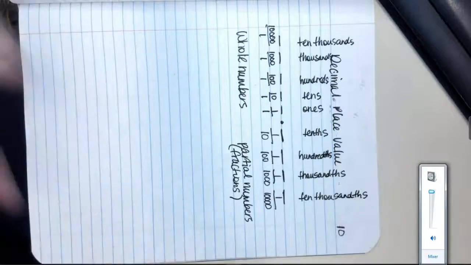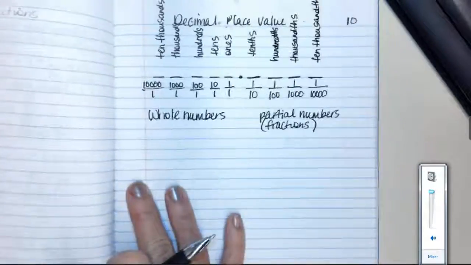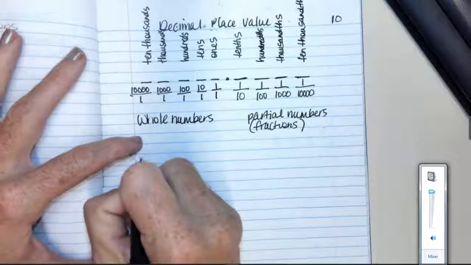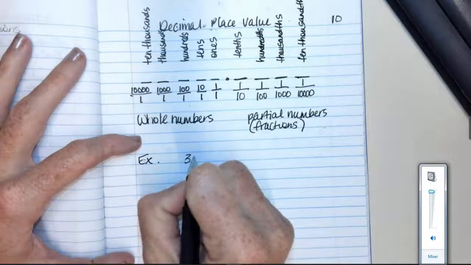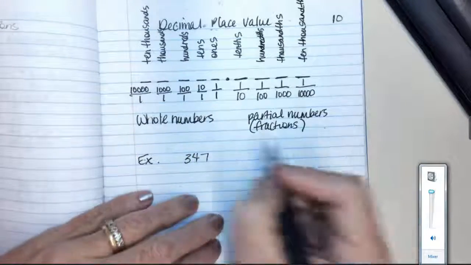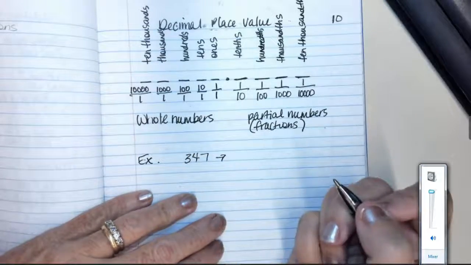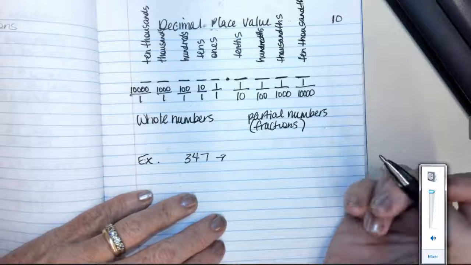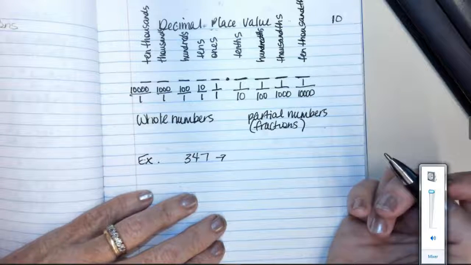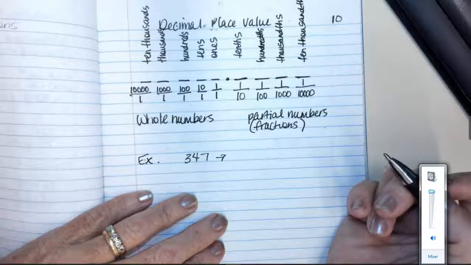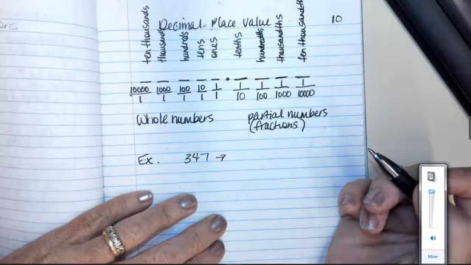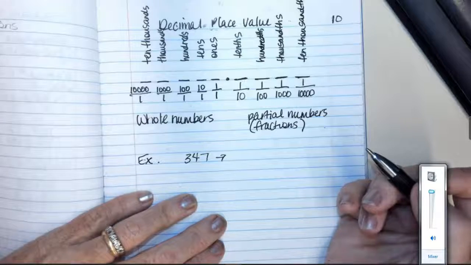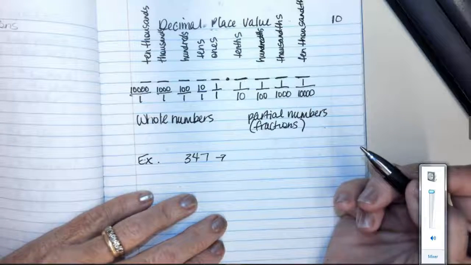Caught up? How's that? All right, so let's just look at some numbers now. So whole numbers are pretty easy, right? If we have 347, how can I write that in words? Eliseo, how do I write that in words? Tell me what that number is. If I give you the numbers 347, how much is that?